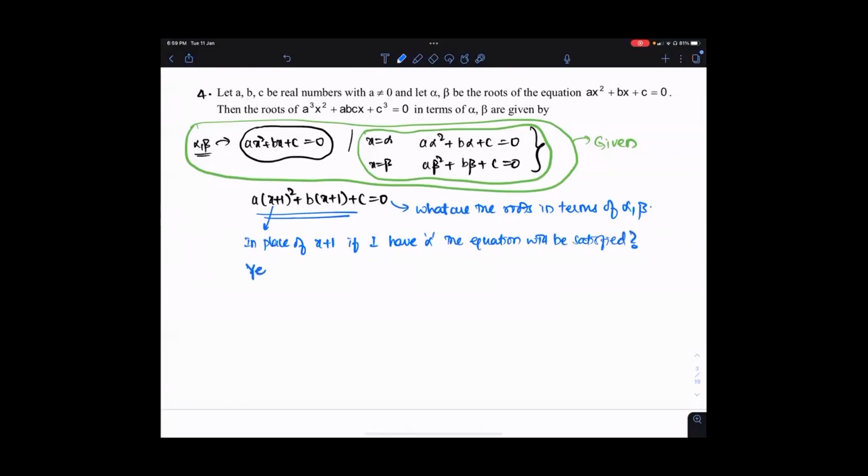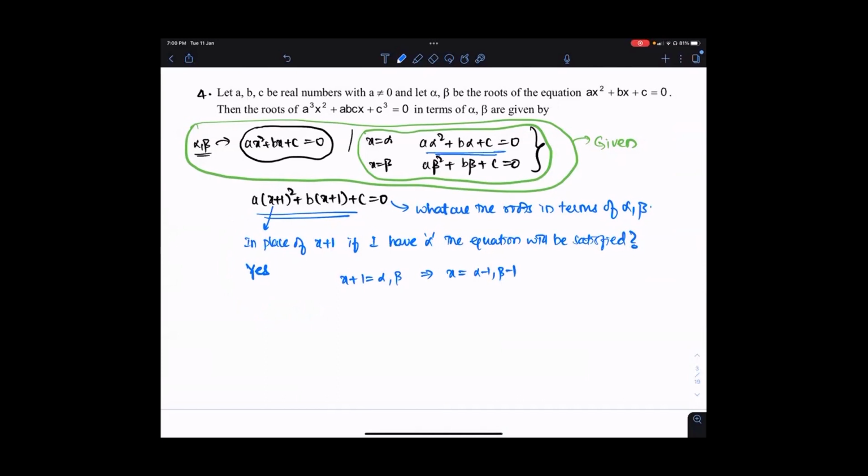The answer is yes, because in place of x plus 1, if you put alpha, what happens to this? It becomes a alpha square plus b alpha plus c, and already it is given that that is 0. So I can say that if x plus 1 is either alpha or beta, the equation will be satisfied, which implies if x is alpha minus 1 or beta minus 1, the equation will be satisfied.